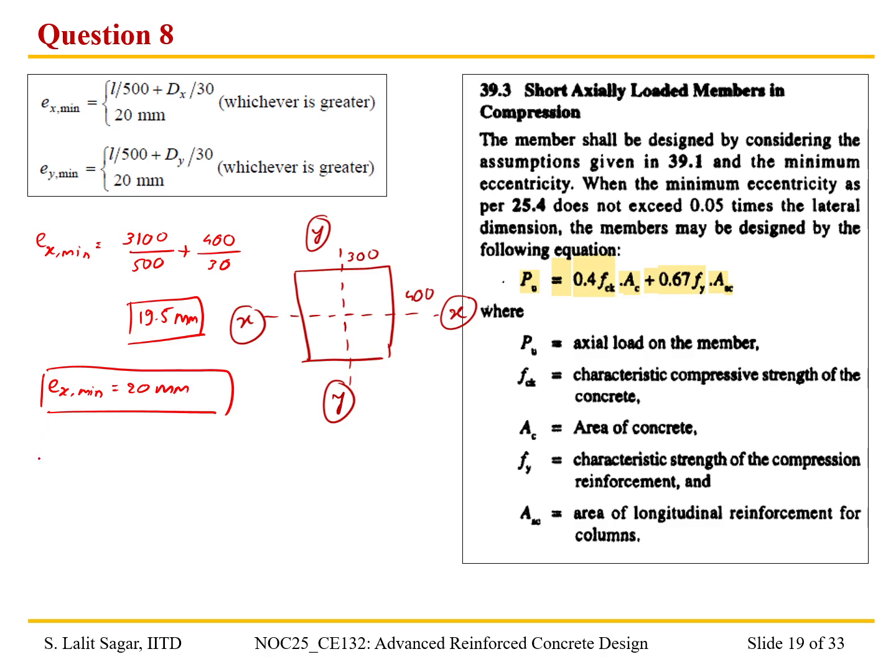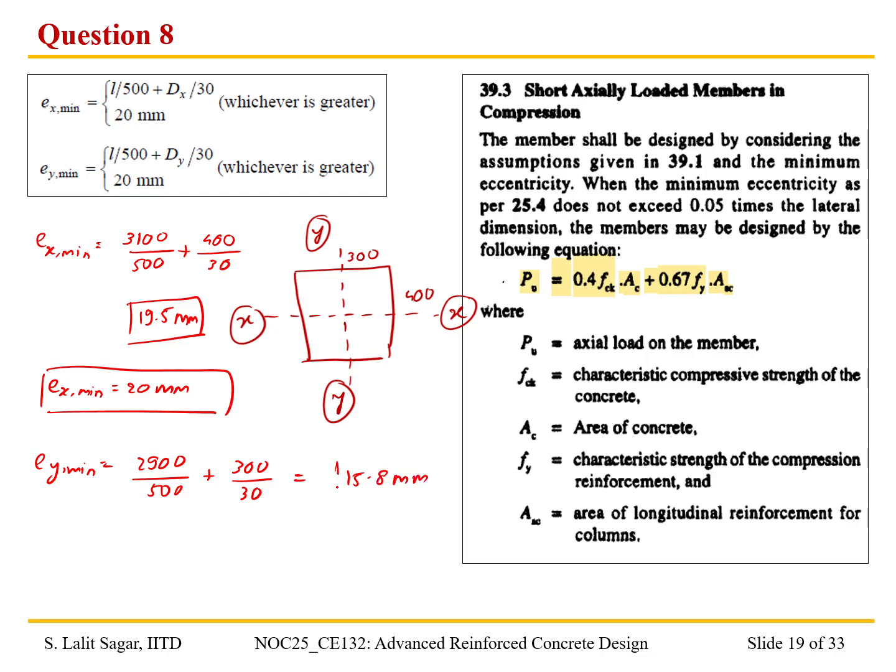Okay, then we have Ey min is equal to unsupported length divided by 500, 1900 divided by 500, plus the depth about the y-axis, which is 300 millimeter, 300 divided by 30, which gives us a value of 15.8 millimeter.